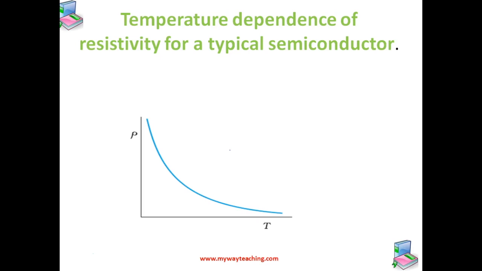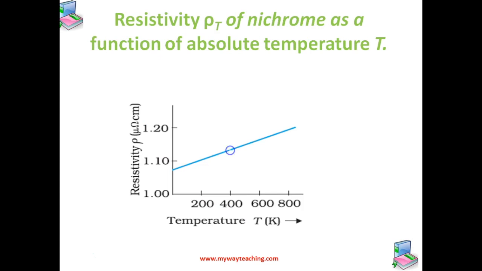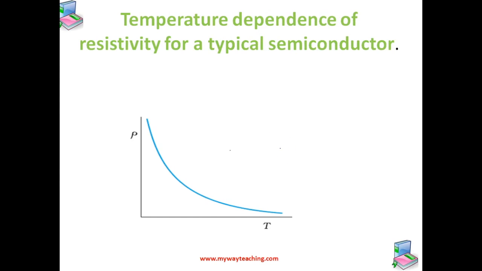This is for a typical semiconductor. Above 0 degrees Celsius, it is a straight line. Below that, it deviates from a straight line. Some materials like nichrome, which is an alloy of nickel, iron and chromium, exhibit a very weak dependence of resistivity on temperature.